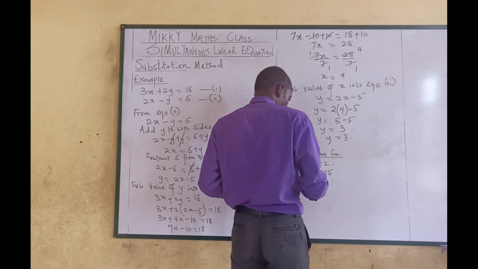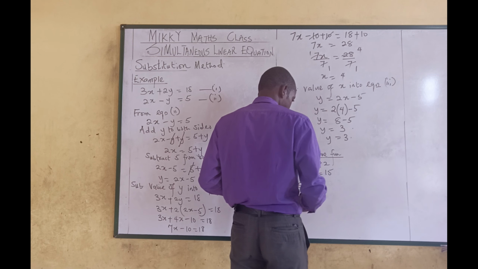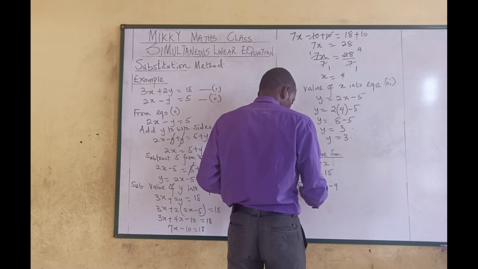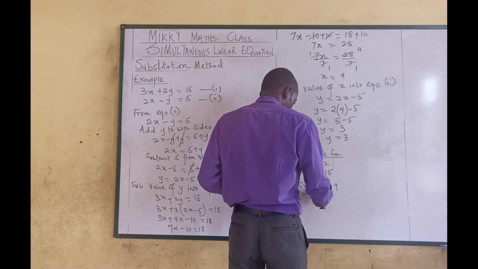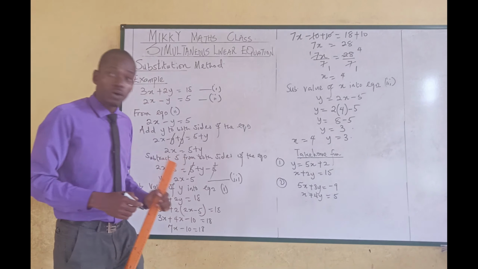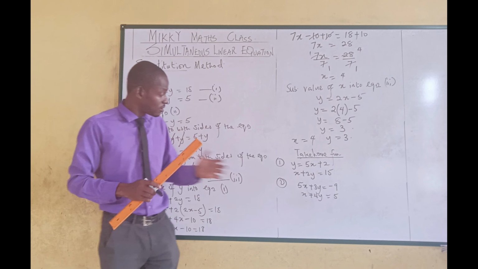Number 2, we have 5x plus 3y equals minus 9, and x plus 4y equals 5. Okay, we can take that and get ourselves engaged.